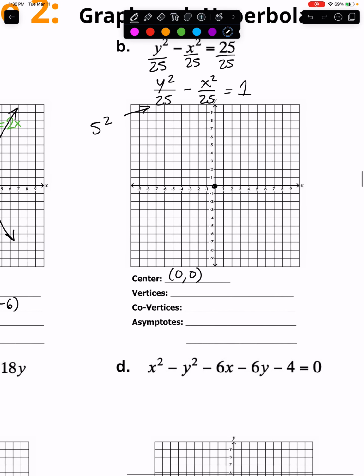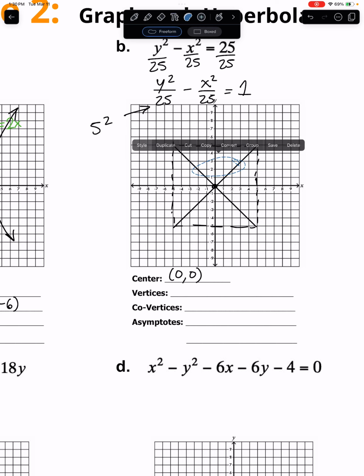Then from there, I'm moving 5, 5, 5, 5. And you might be wondering, how do we know where to graph this thing? Because if we look, my asymptotes come through the middle, but these asymptotes are going to be dashed lines, right? So I can label those asymptotes.